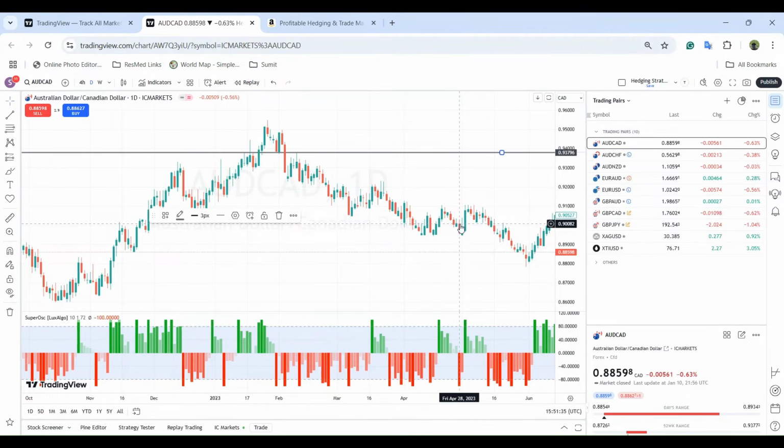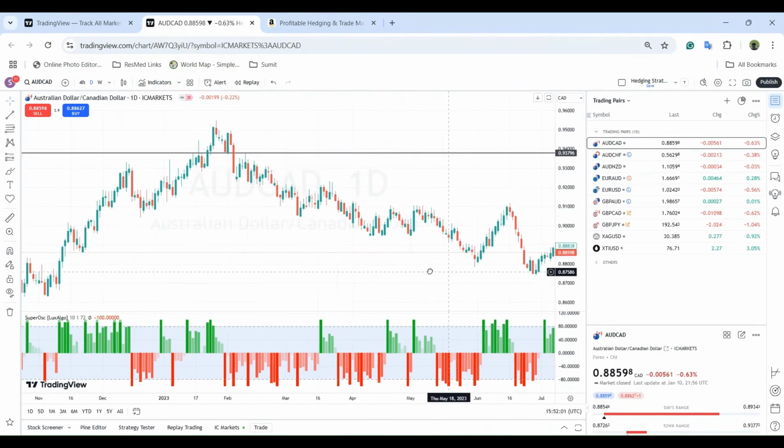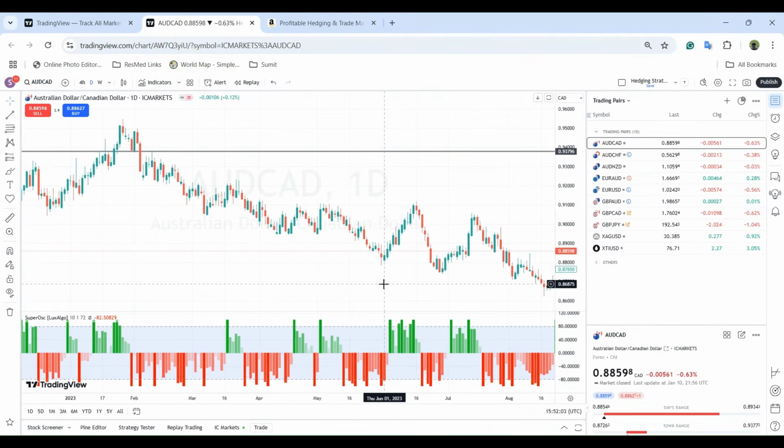Here, when it goes against us, now we take a 2x sell. It again reverses, goes in the other direction, so I will take a 3x. This also doesn't work for us, and here is when I will take a 4x, and when it comes down, it will help me to get out of all these trades at break even. So as you can see, either you're making a profit or you're getting out at break even.